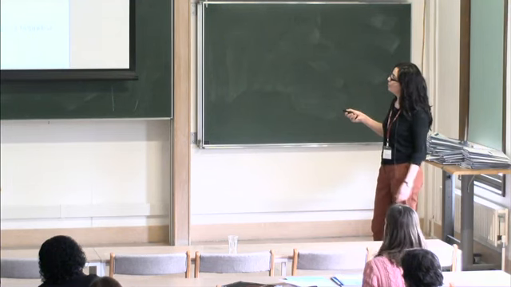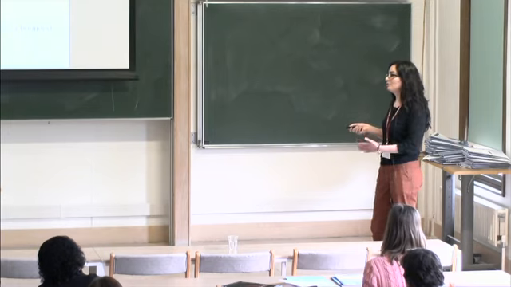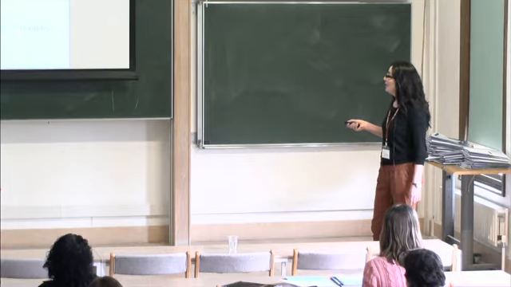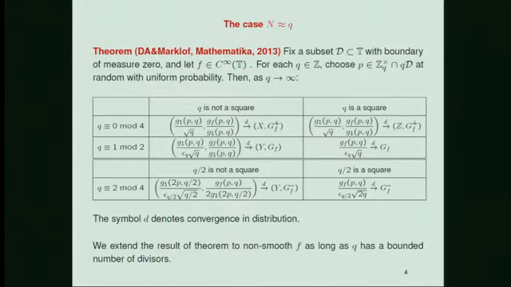We can extend this result to Riemann integrable functions, because this theorem only says it for the smooth case, as long as the condition holds that q has a bounded number of divisors. So that is the limiting distribution in the theorem.